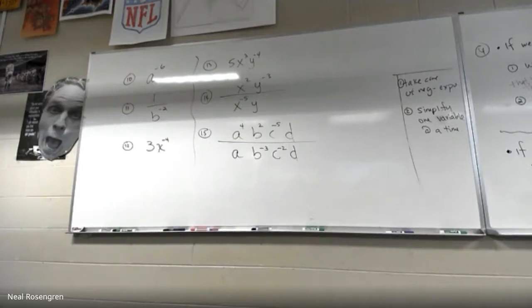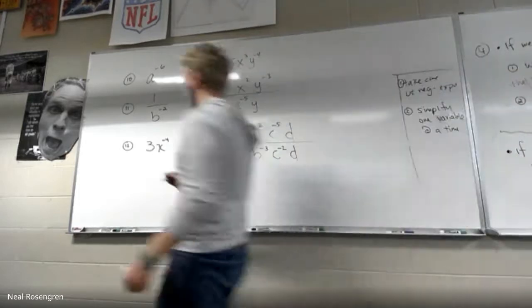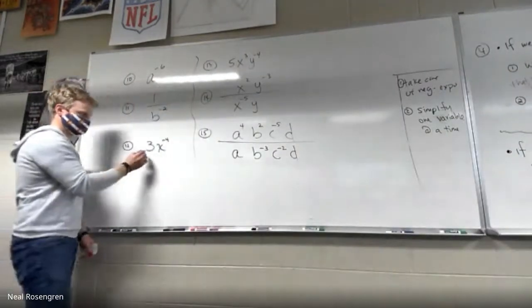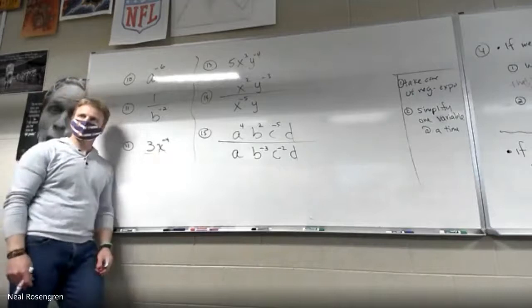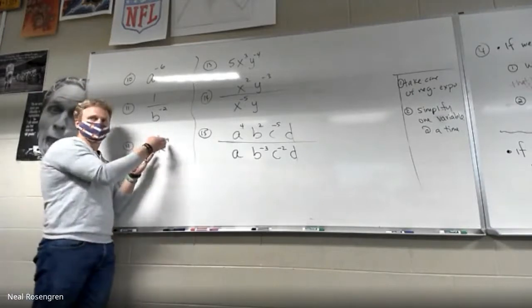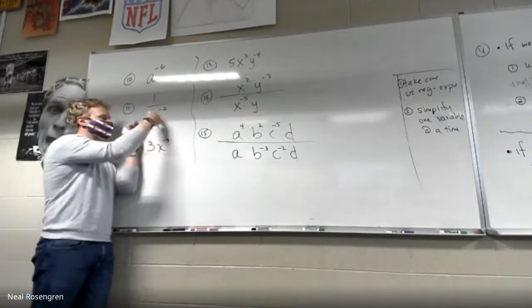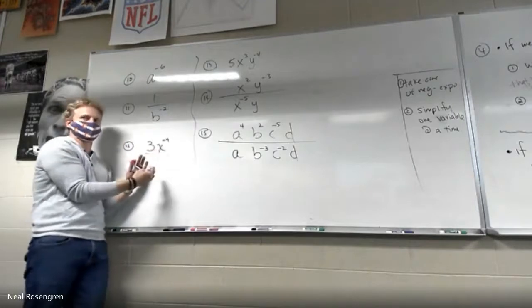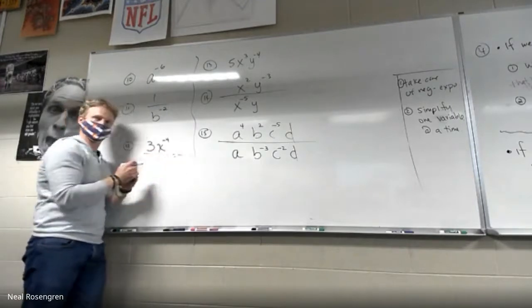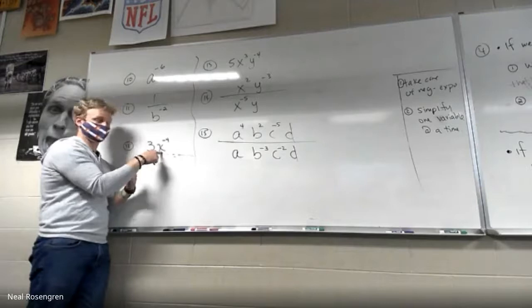So what's being raised to the negative x? That's the only thing that's going to move. And if that's the case, maybe this helps: if that has to move within a fraction, then envision the fraction version from the beginning. Because now you can say, all right, that x cannot stay up top.